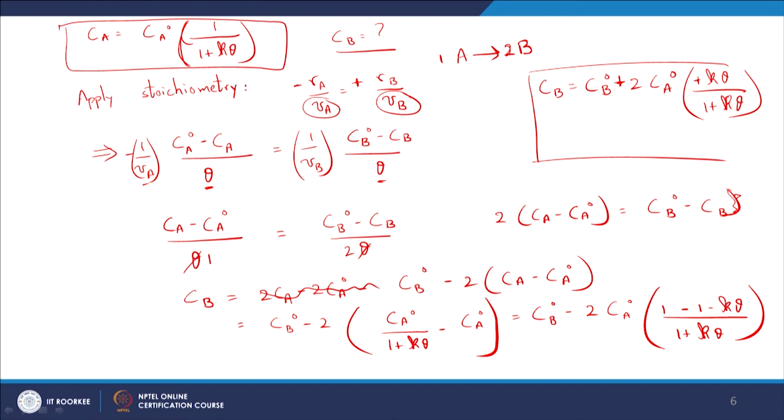So let us try to wrap up this session here for today. What have we been looking at in today's class? We have been trying to apply the case with respect to a reversible, or irreversible, pardon me, reaction. We have been looking at A goes to 2B, and we looked at applying it for the batch, for the plug flow, and for the CSTR.